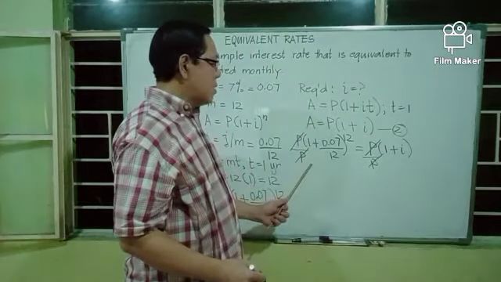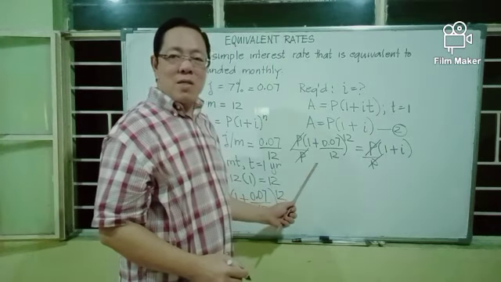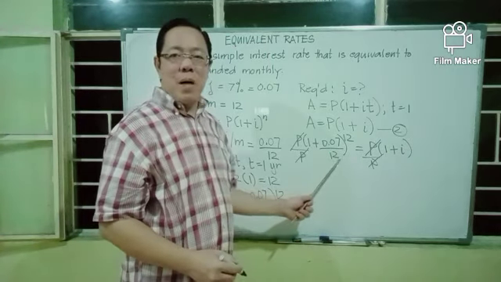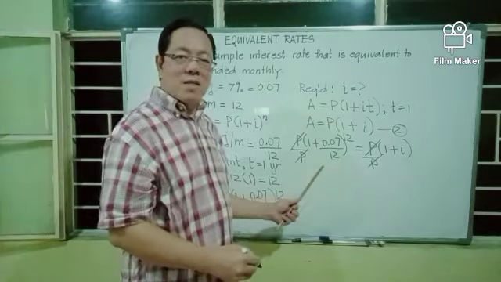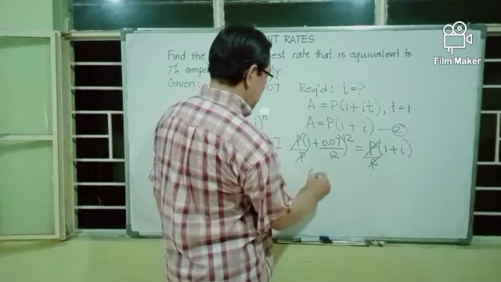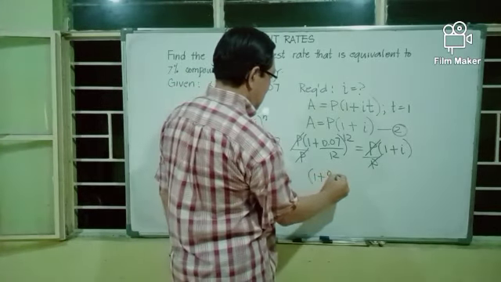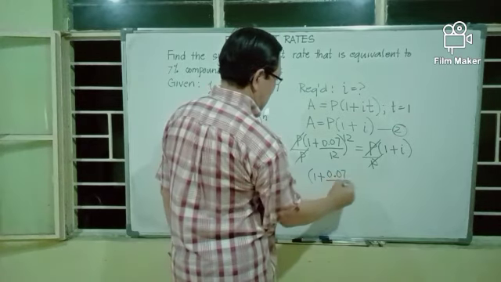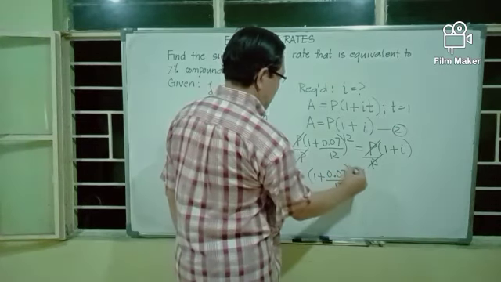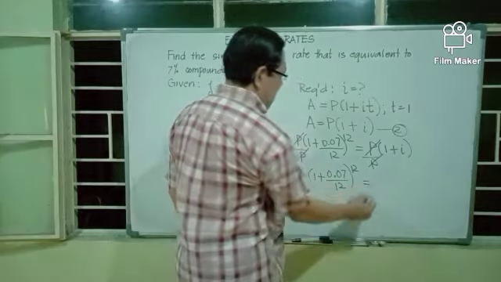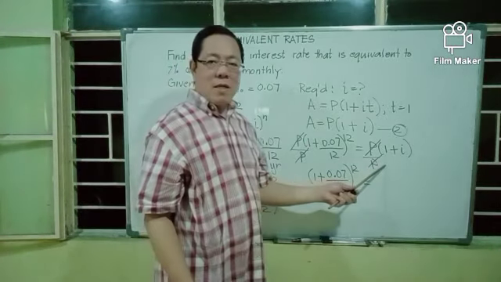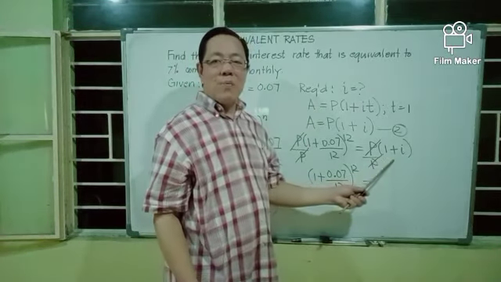And we have quantity 1 plus 0.07 divided by 12 to the power 12 at the left hand side, and at the right hand side, we are left with 1 plus I.